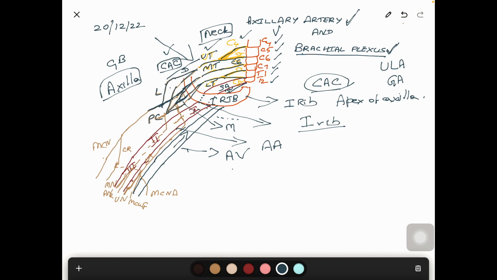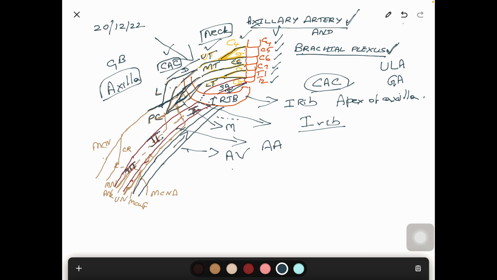Now to understand the relations of the axillary artery, which is very important, with the cords and branches. We have seen the first part of the axillary artery, second part, and third part.